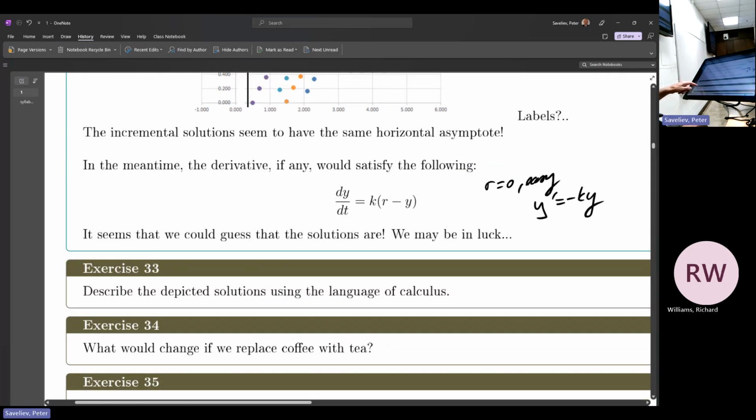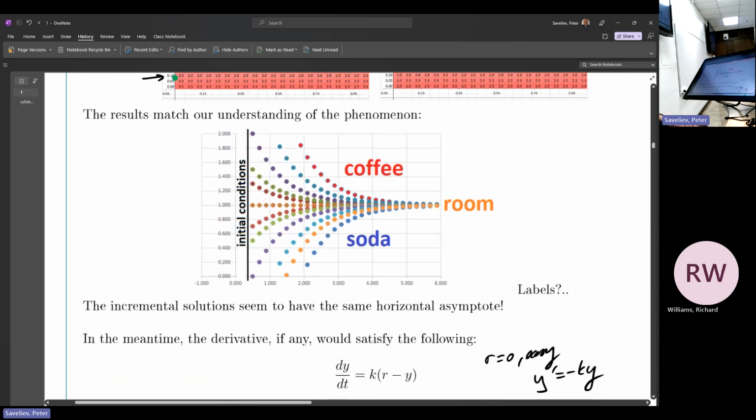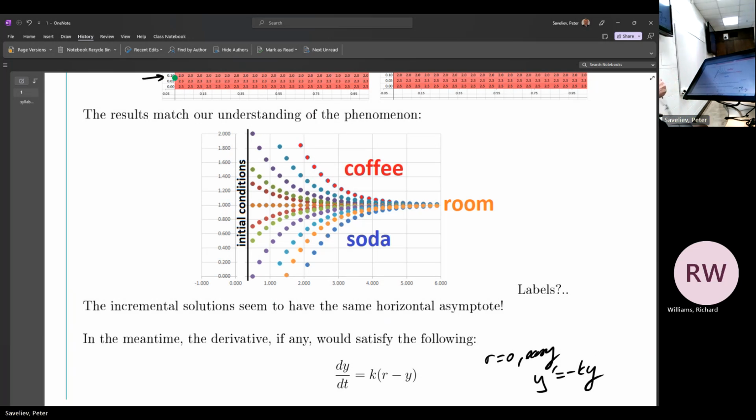Okay, so coffee. If we replace coffee with tea, what's going to happen to the graph or graphs? It'd stay the same, right? Not exactly. Well, there's a difference. Think about coffee and tea. I actually cannot tell, but one of them is cooling down faster than the other.